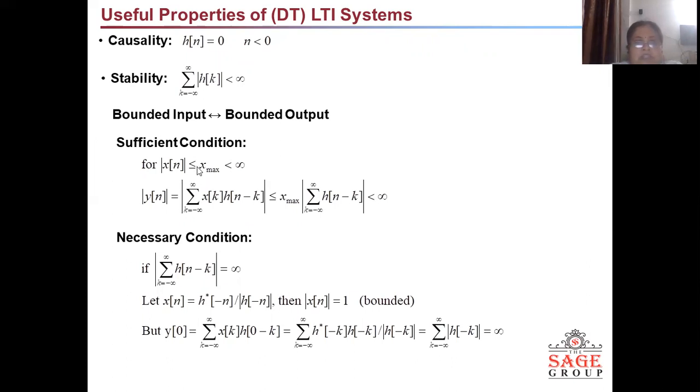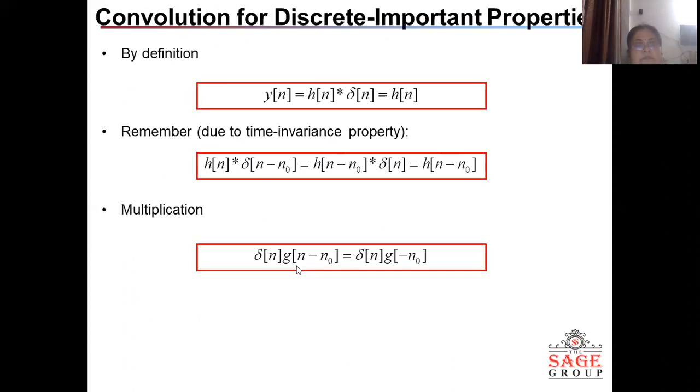So here x[n] is less than x max, which should be less than infinity. If we bound it, there should be the important condition or the sufficient condition for the discrete time LTI system, that its output response should lie between these ranges. Now the necessary condition: if the summation from k minus infinity to plus infinity of the modulus of h[n-k] is finite, this is the necessary condition.